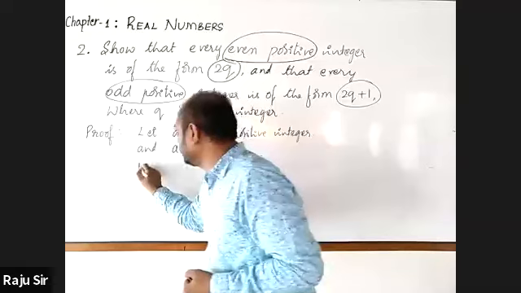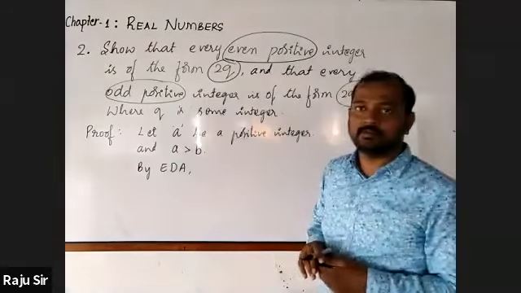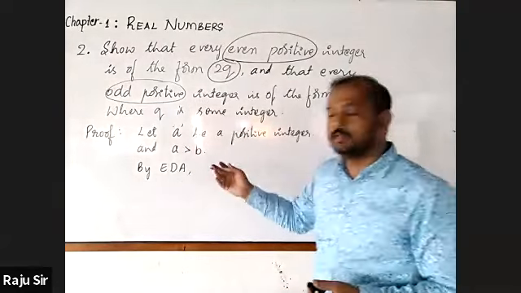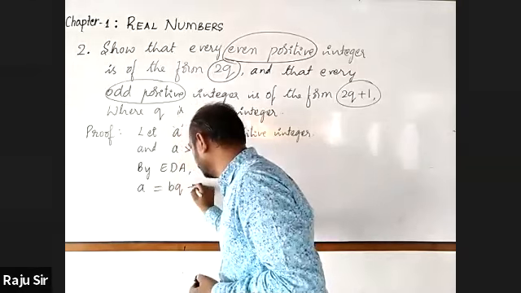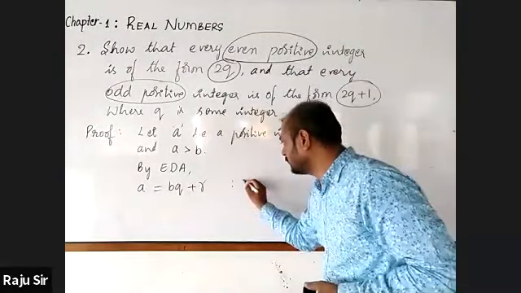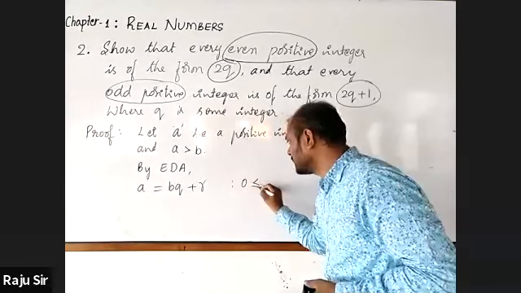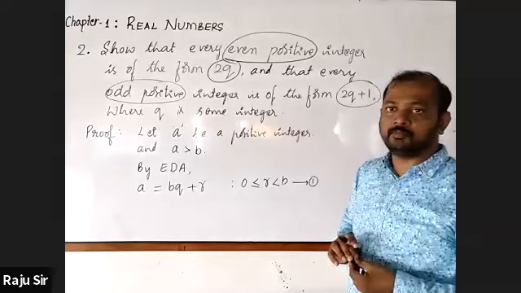Then if you use Euclid's division algorithm for this, how can it be written? It can be written as a equal to bq plus r, where the condition for r is 0 less than or equal to r less than b, and call this statement 1.